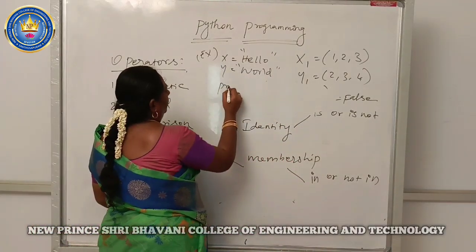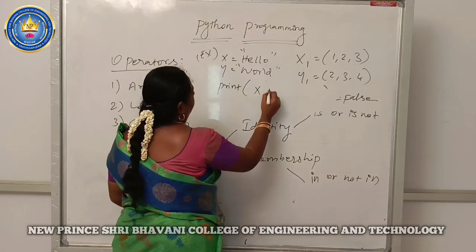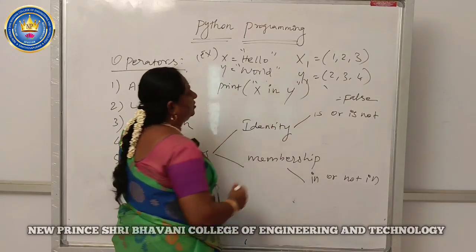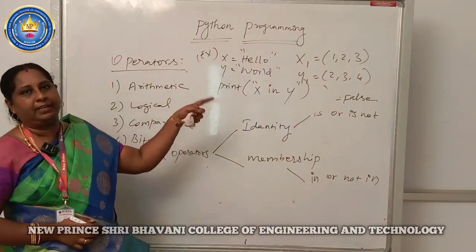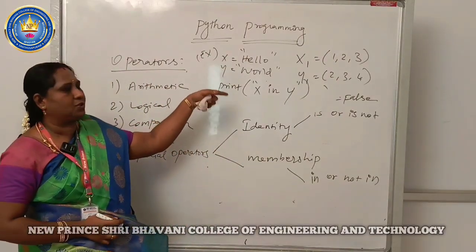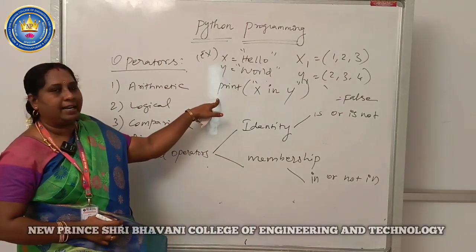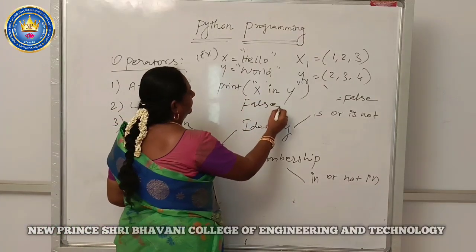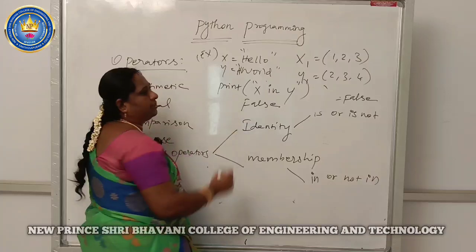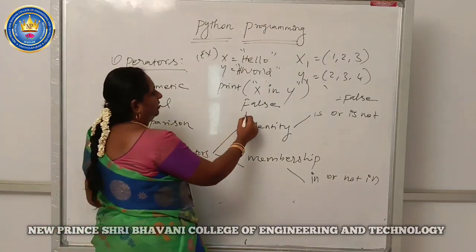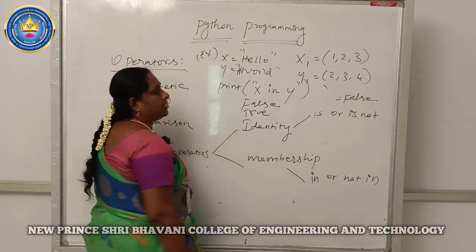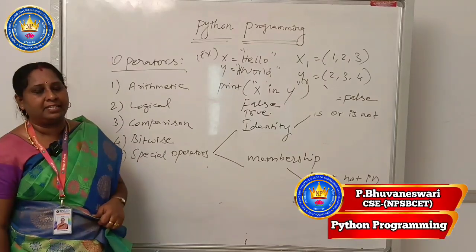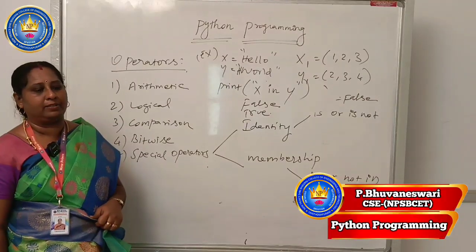So we are checking print x in y. It checks whether any word from x is repeated in y. So this print line will give a false value because two distinct values are there. Suppose I give the letter h, then it will give a true value. So these are all the special operators which are present in Python programming. It's very easy and understandable. Thank you.